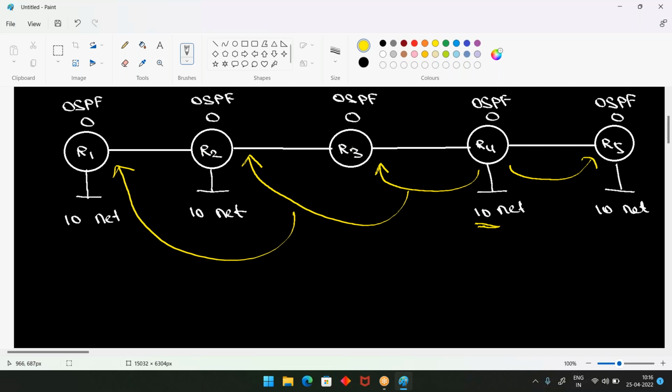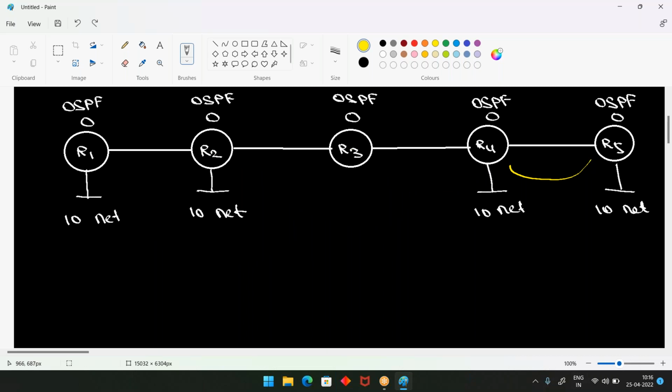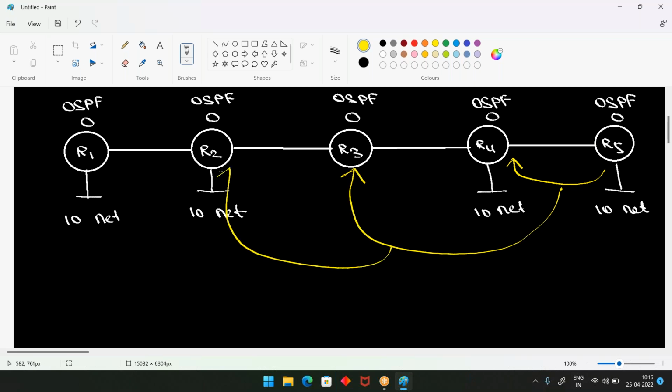Remaining four routers. Sir, what about R5 now? R5 will do the same thing. R5 will share its networks with the R4 router, then R3, then R2, then R1.